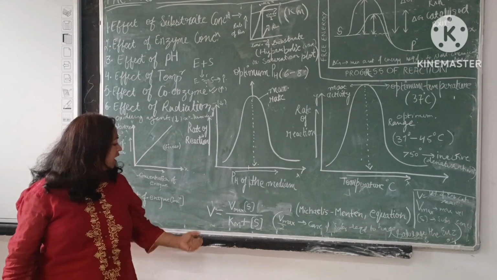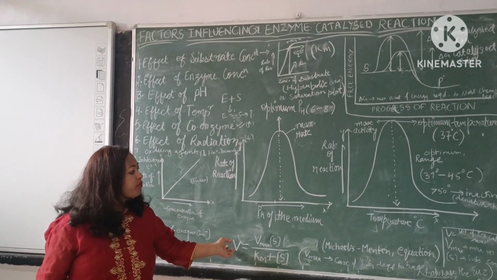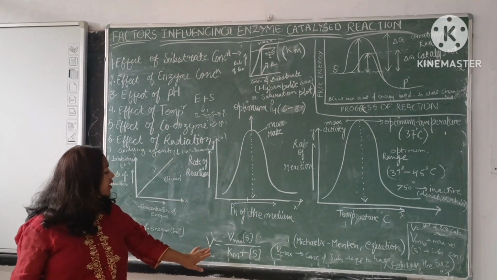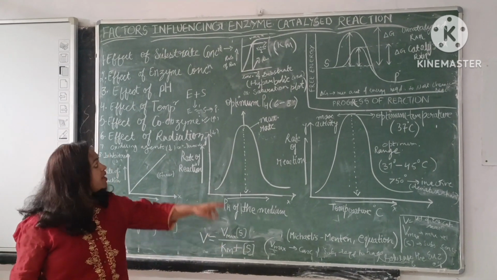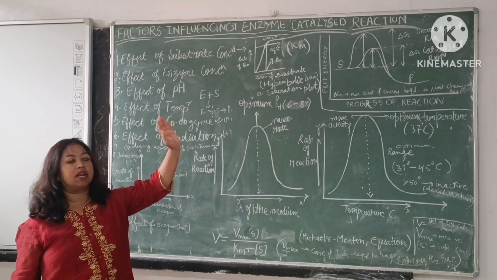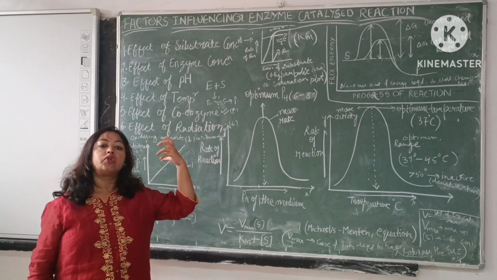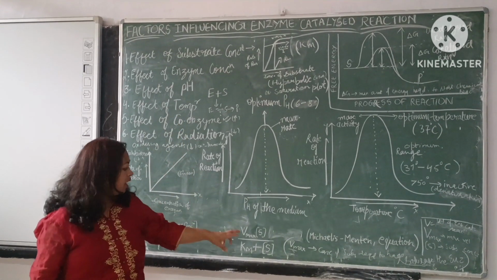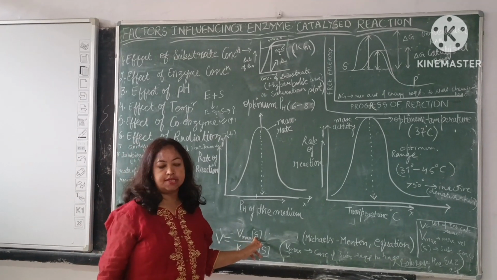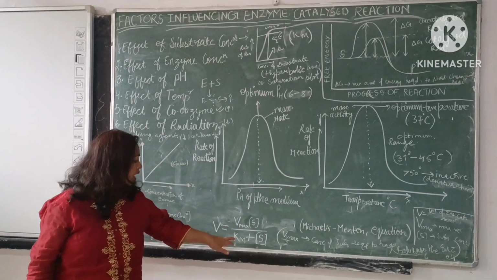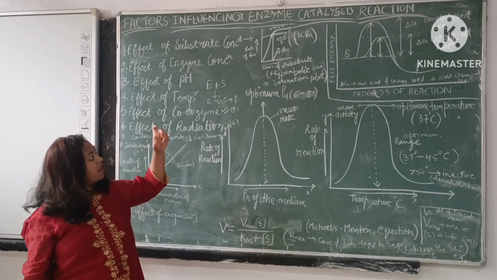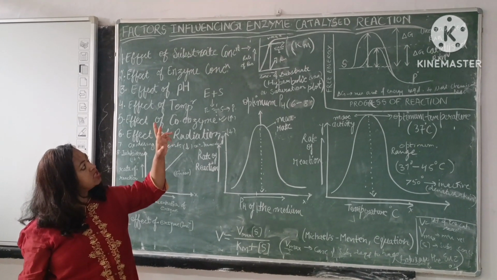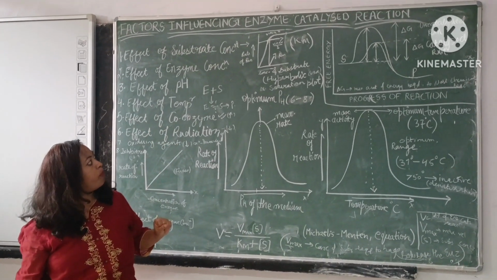To understand the effect of substrate concentration on the rate of reaction, we have the Michaelis-Menten equation in which V is the velocity of the enzyme catalyzed reaction, Vmax is the maximum velocity, after which no saturation will affect the rate of reaction, and S is the substrate concentration. Km is the Michaelis-Menten constant, which is equal to the Vmax upon 2.